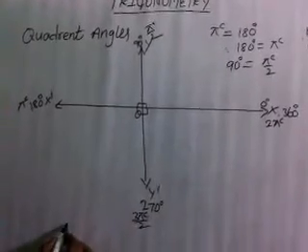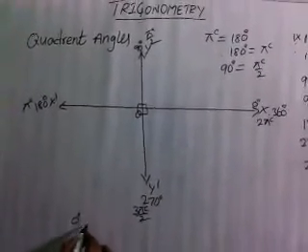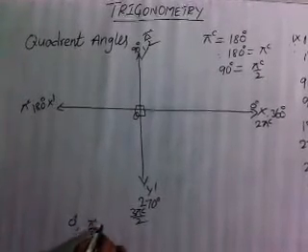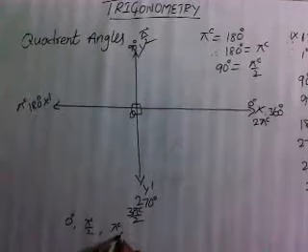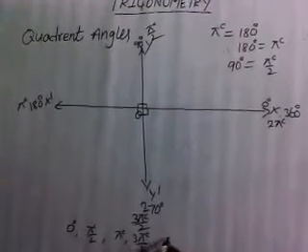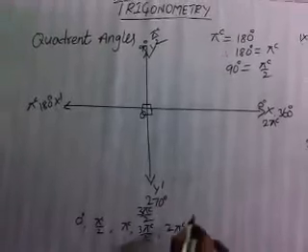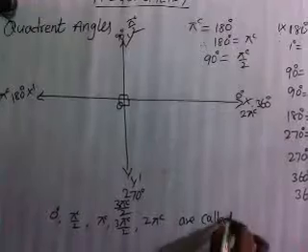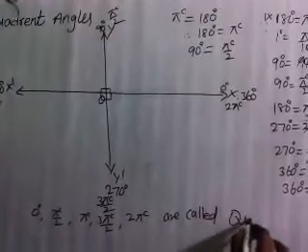So what are quadrant angles? 0 degrees, pi by 2, pi radians, 3 pi by 2 radians, 2 pi radians are called quadrant angles.